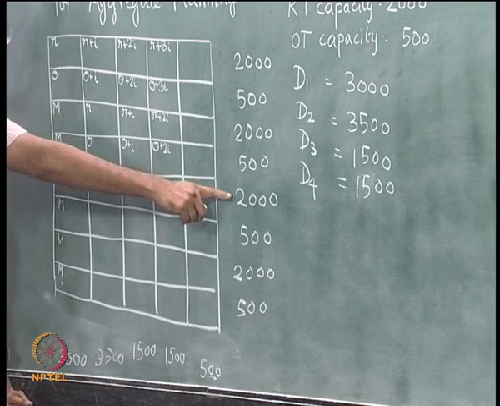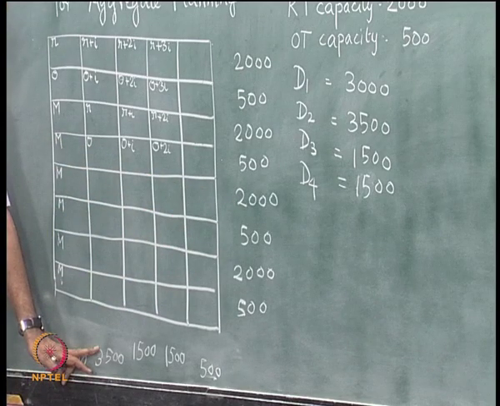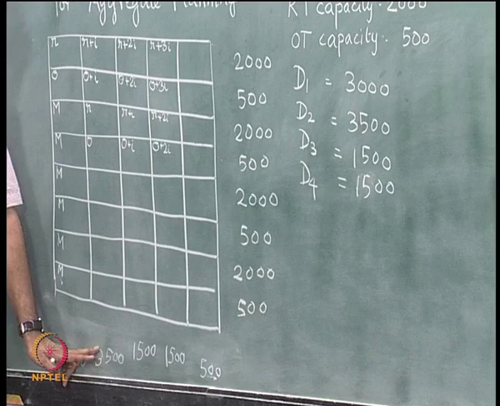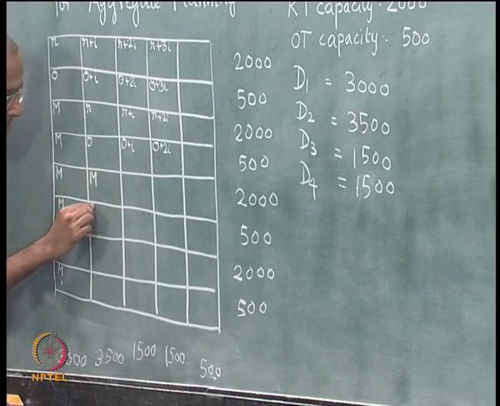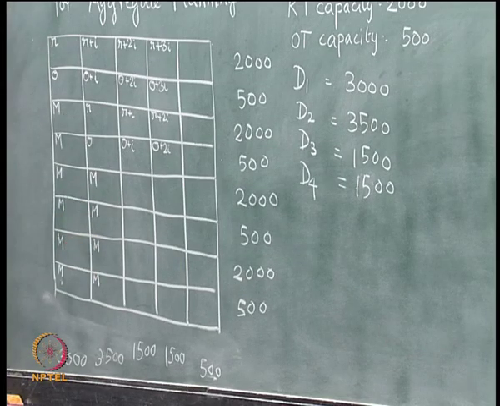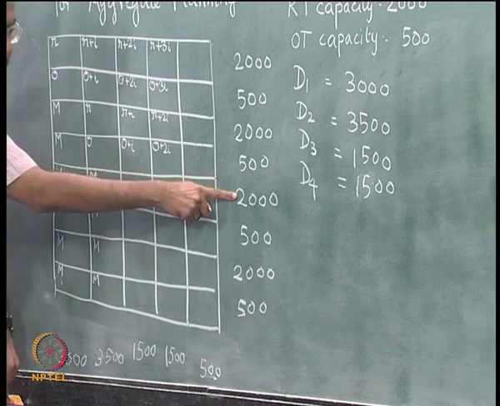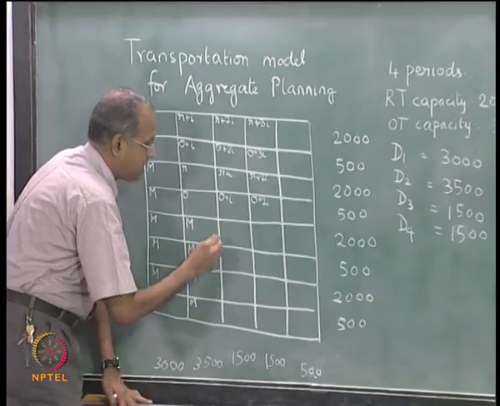Now, from the third month's capacity, I cannot meet the second month's demand because I am assuming right now that back ordering is not allowed, therefore all these will become big M. Now, I am using the third month's capacity to meet the third month's demand.